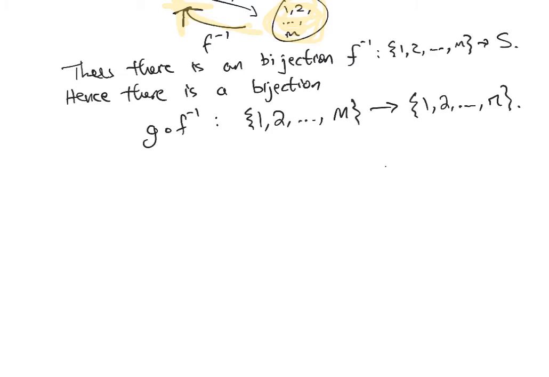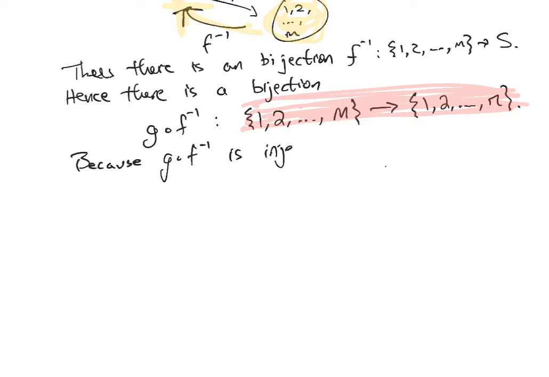And now what we need to argue, and here again it comes down to how much you're going to assume and how much you're going to reprove, is that you can only have this bijection if m and n are the same. That makes sense, because G composed with F inverse is injective.